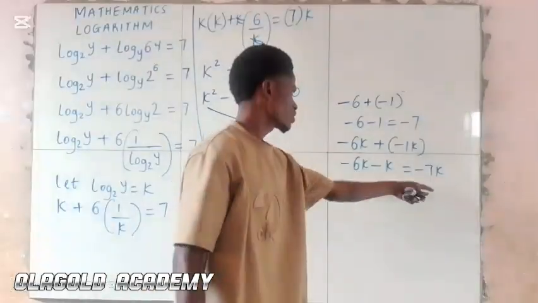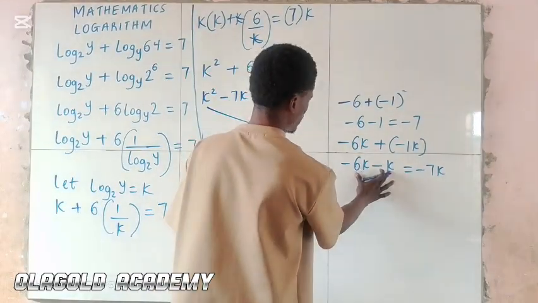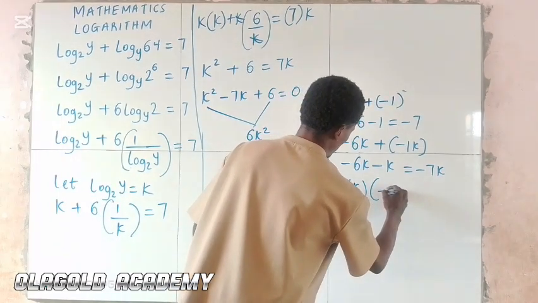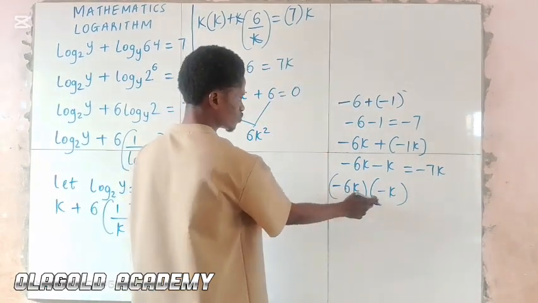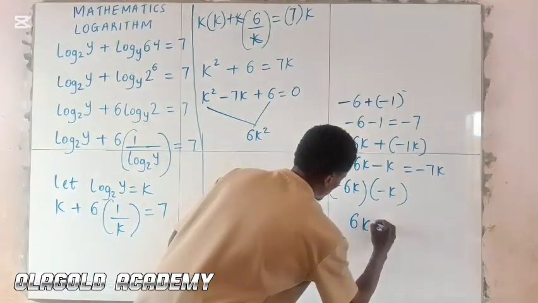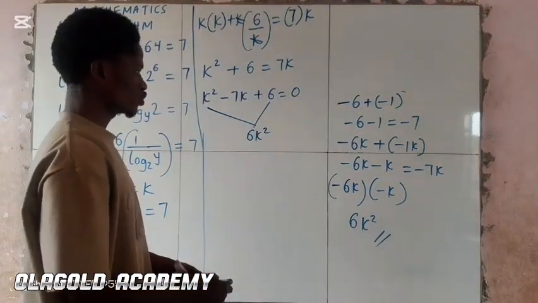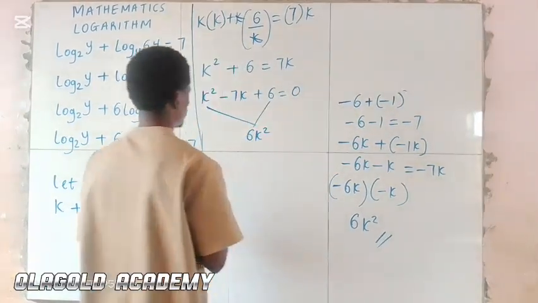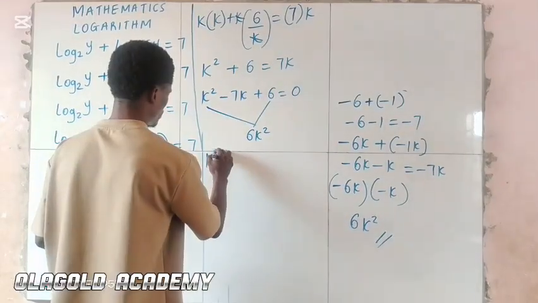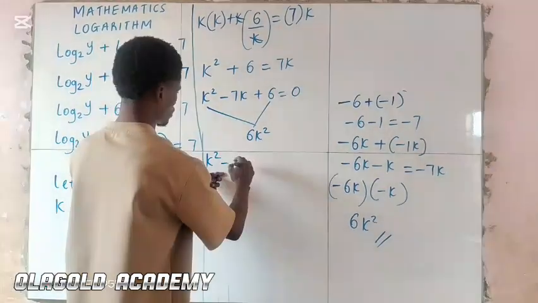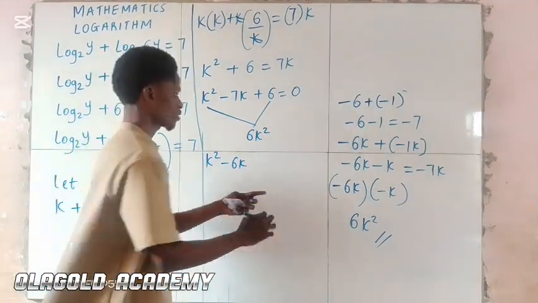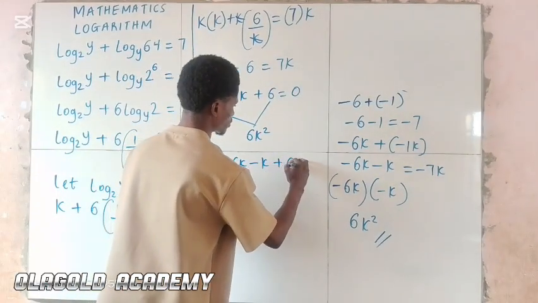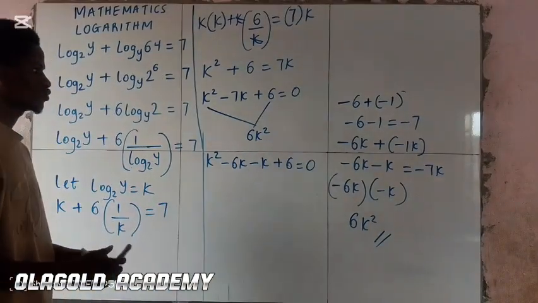By multiplying these two together, negative 6k multiplied by negative k, this is going to give me 6k squared. So the two numbers are minus 6 and minus 1. So I'm going to have k squared minus 6k and minus k, or 1k, plus 6 equal to 0.